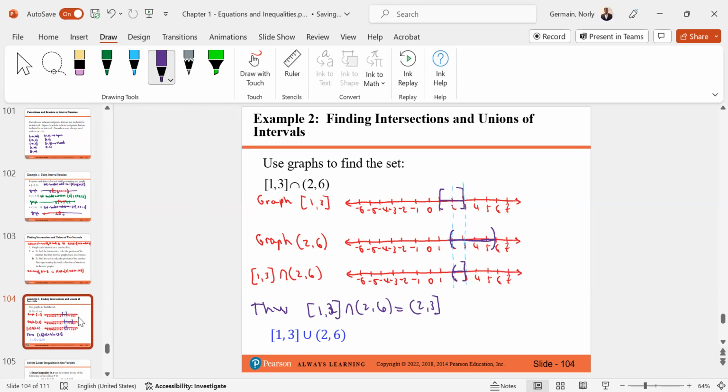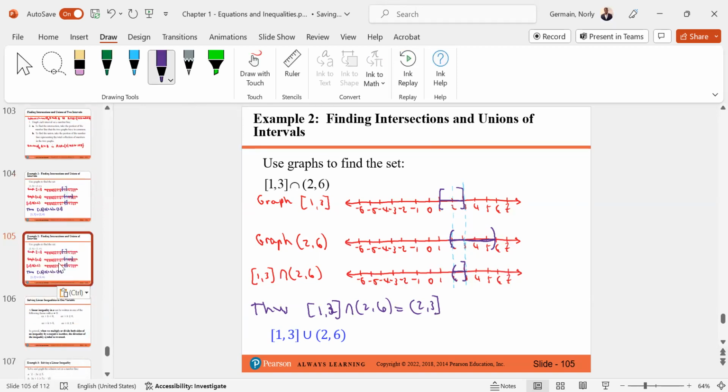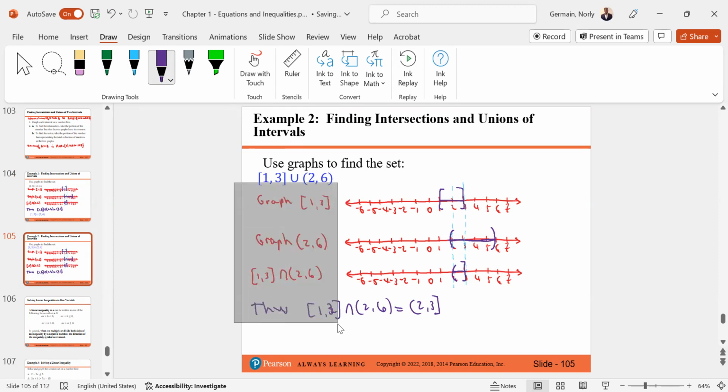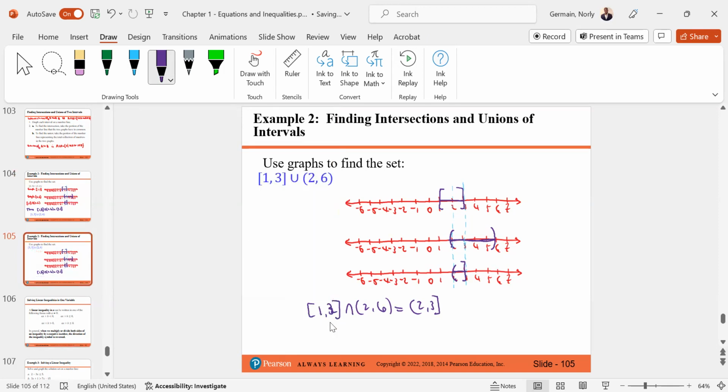How about when it's union? I'm going to copy this first. I'm not going to erase everything, I'll try to be a little bit lazy instead of redoing everything. I'm going to erase these, if it's okay with you.